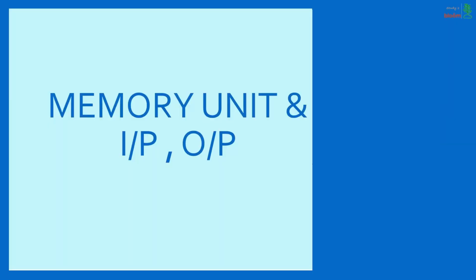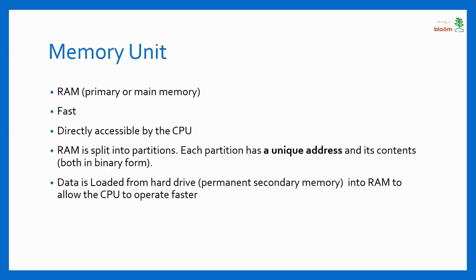Now let's learn more about the memory unit and input-output devices which are connected to the CPU and which are components of the computer organization. The memory unit that is connected to the CPU is the RAM, which is also called primary or main memory. It is very fast and directly accessible by the CPU.